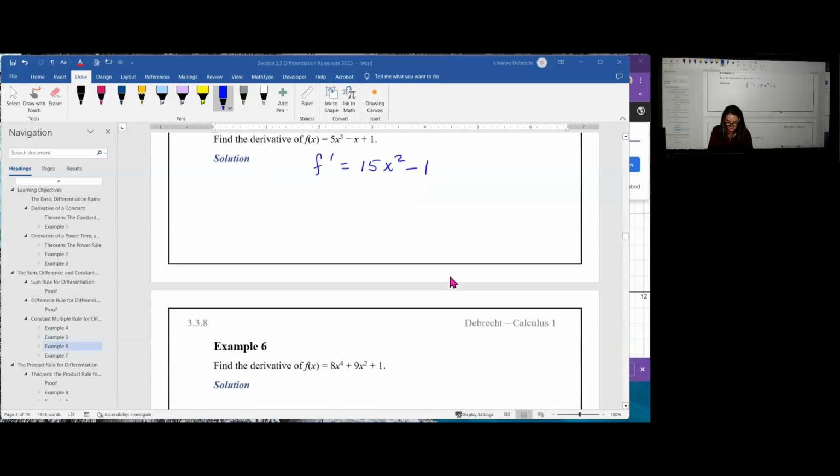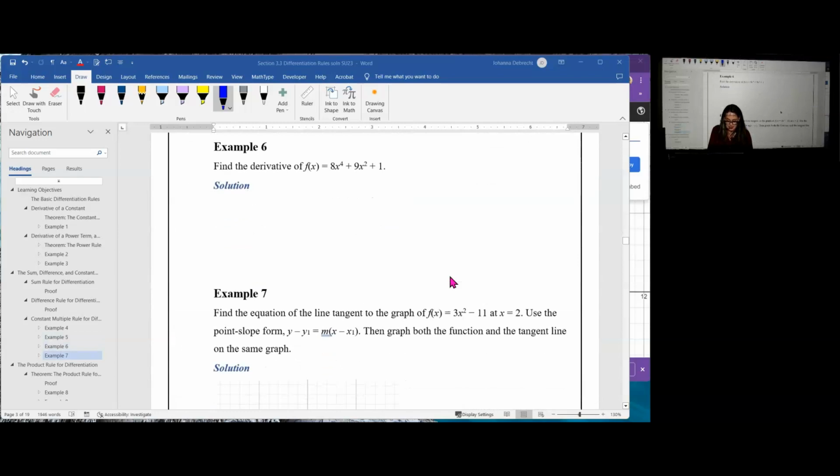Let's now take a look at examples 6 and 7. In 7, we want to find the slope of the tangent line. And we want to find the equation of the tangent line itself in order to graph both the function and the tangent line on the graph. Now, in order to do that, we need to find the derivative at that point to know what the slope of the tangent line is.